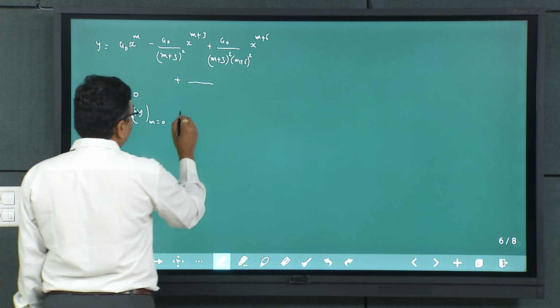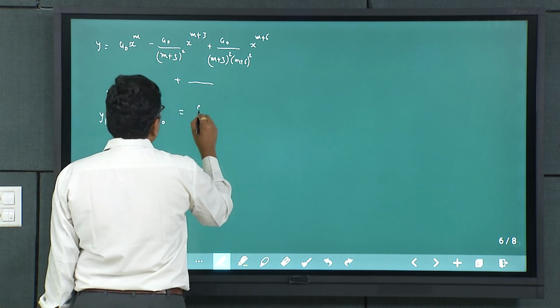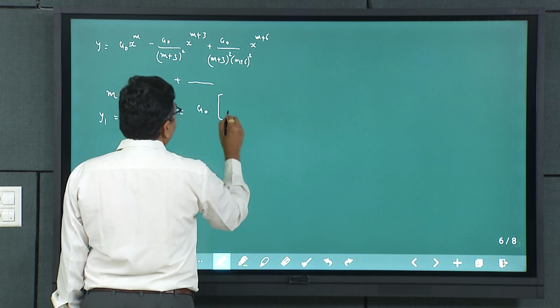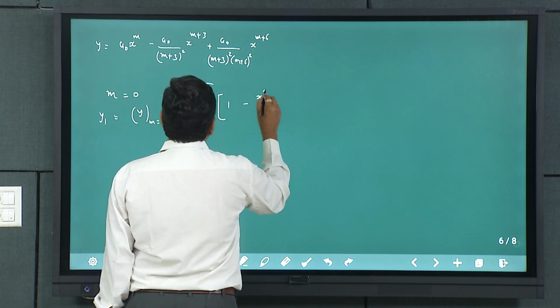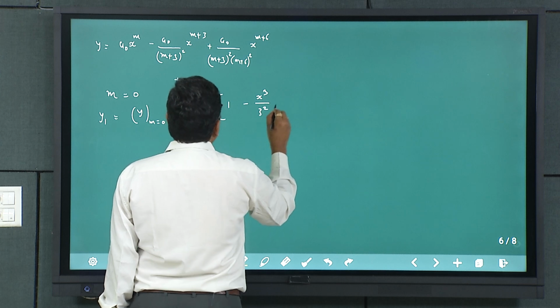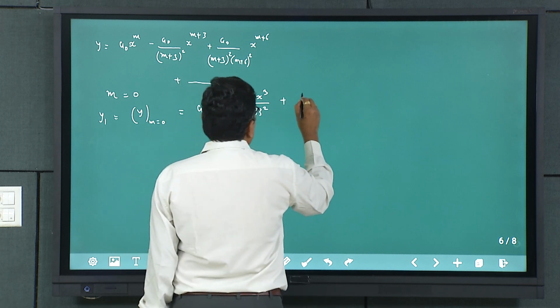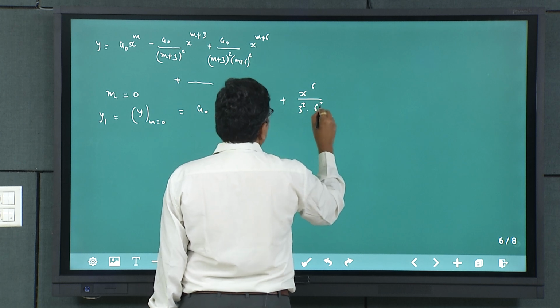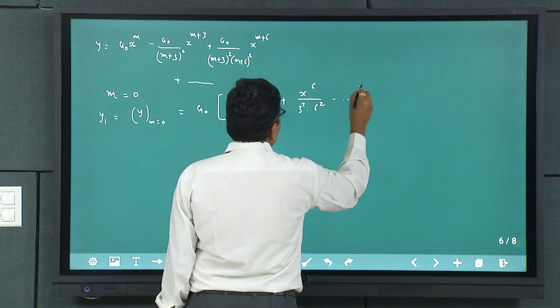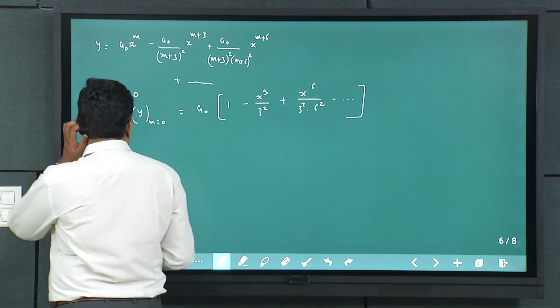So putting m is equal to 0, taking the constant a0 outside, we get 1 minus x cube upon 3 square plus x raised to power 6 upon 3 square into 6 square and so on, right.